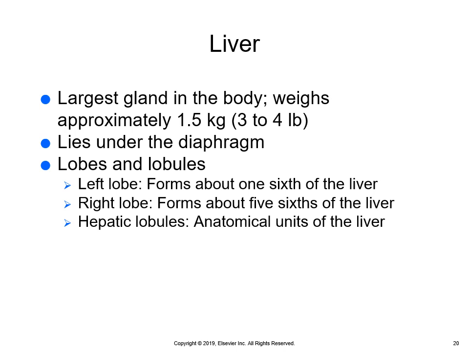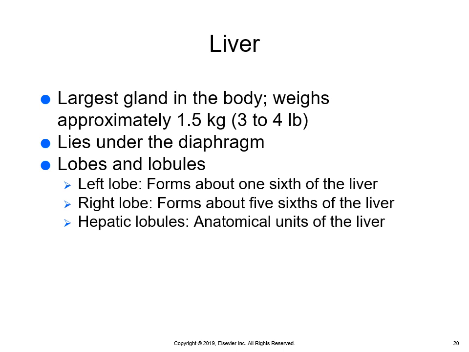So in terms of the lobes and also structures of the liver, this particular slide talks about the different lobes of the liver. The liver is divided into two major lobes and is separated by what we call a falciform ligament. The right lobe, which is the larger of the lobes, forms about 5/6 of the liver, so the majority of the liver.